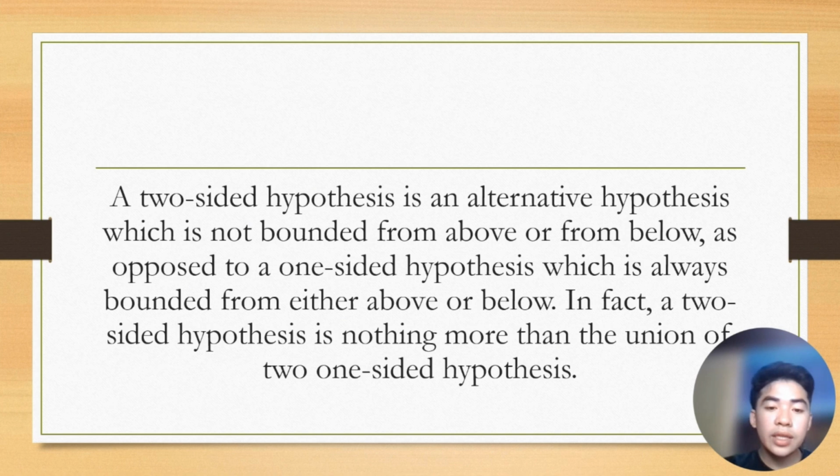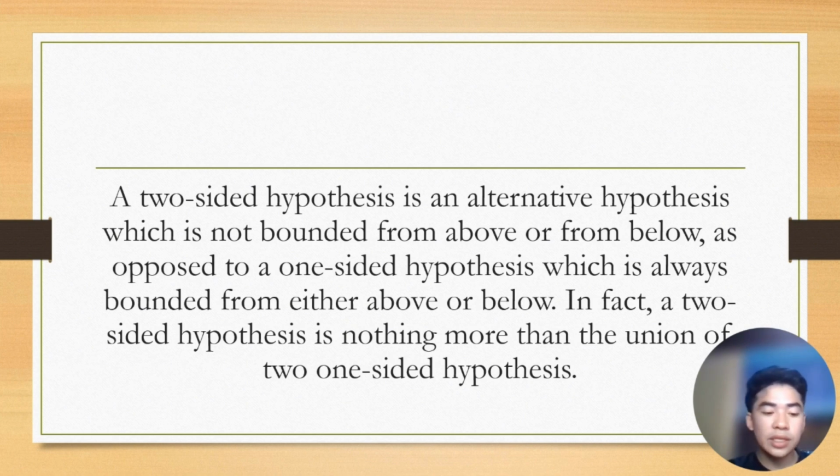A two-sided hypothesis is an alternative hypothesis which is not bounded from above or from below, as opposed to a one-sided hypothesis, which is always bounded from either above or below. In fact, a two-sided hypothesis is nothing more than the union of two one-sided hypotheses.